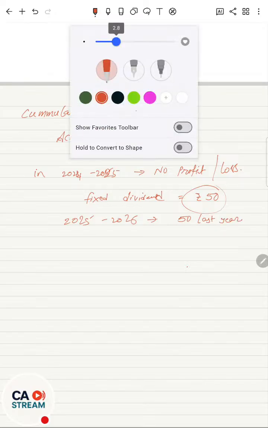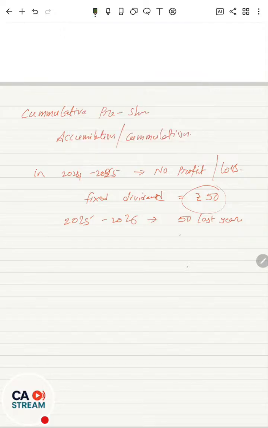listen to me carefully, 50 rupees of the amount of the last year and 50 rupees of the current year. 50 rupees of the last year, 50 rupees of the current year.